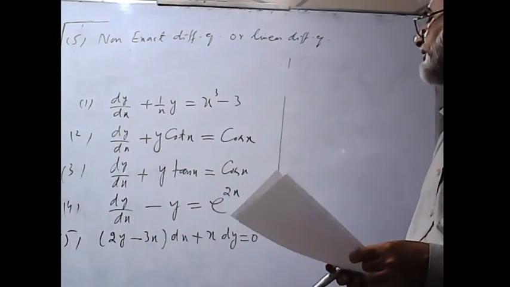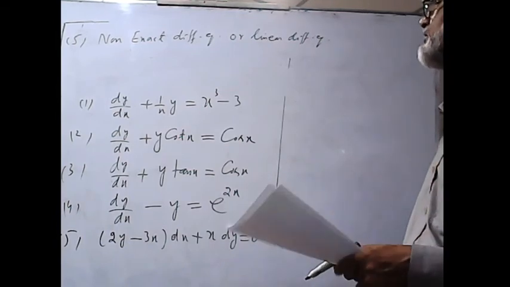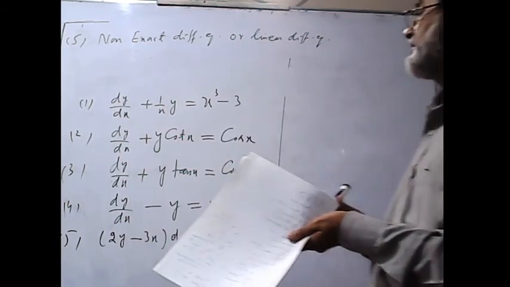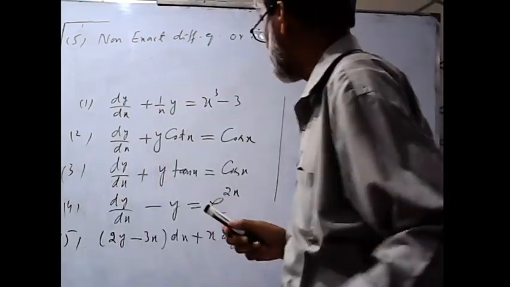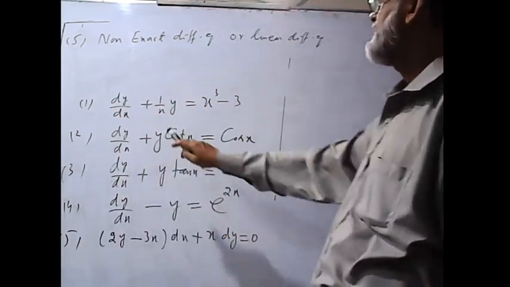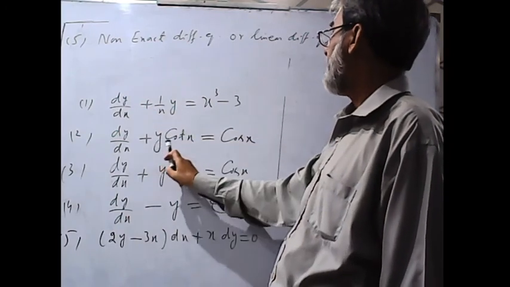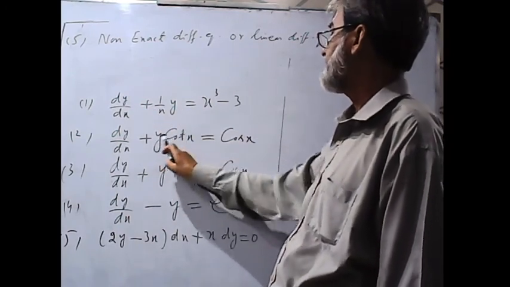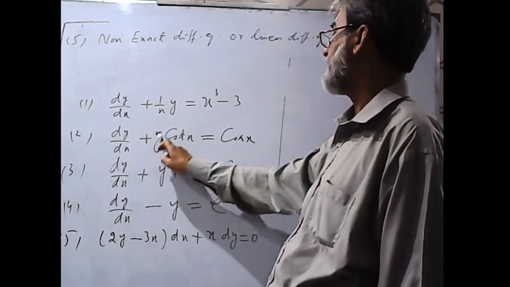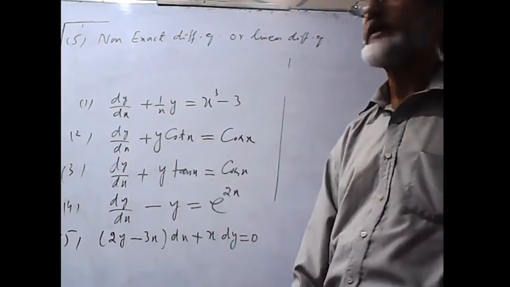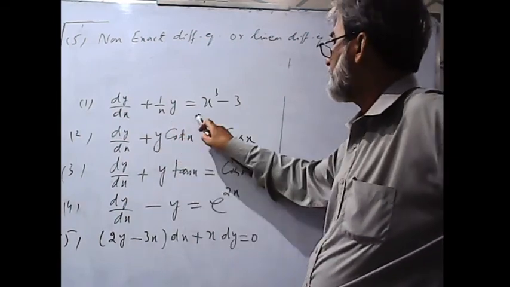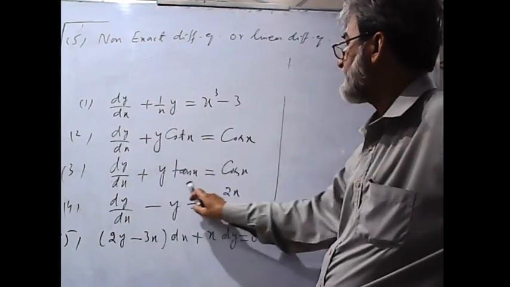So the majority of the equations are in the standard form, which are numbers 1, 2, 3, 4, but 5 is not in the standard form. In equation number 1, this 1 upon x is p of x, and cot x is p of x, multiplied by y, in this equation p of x is tan x.